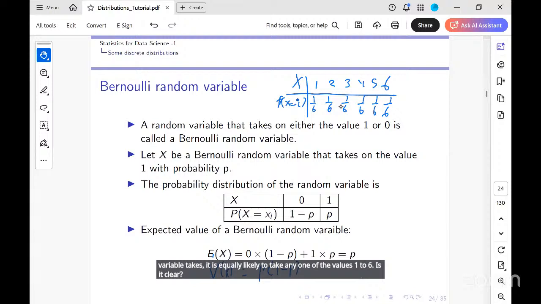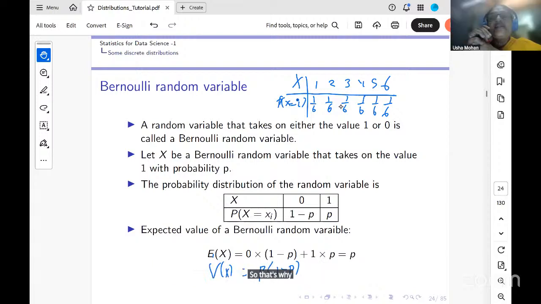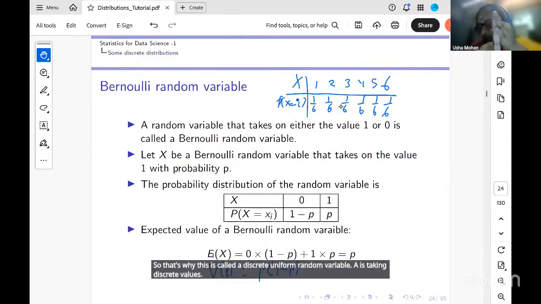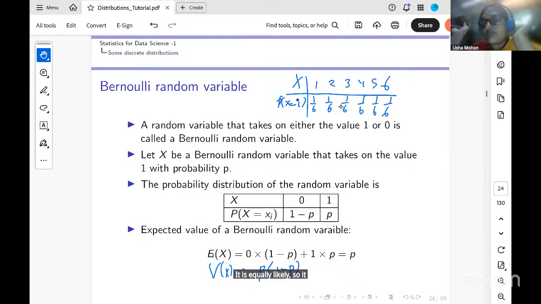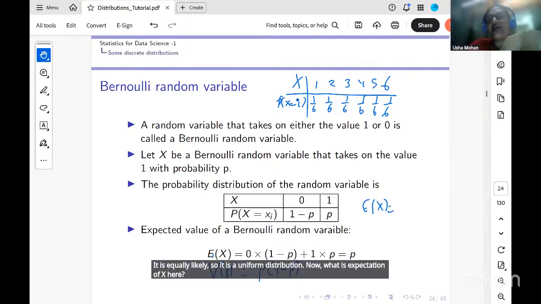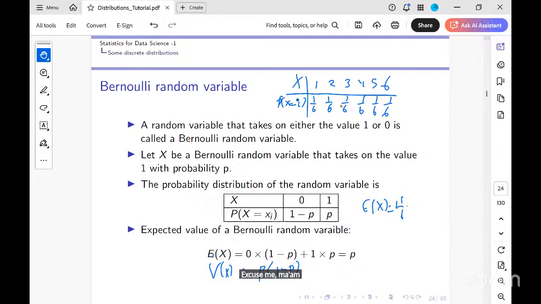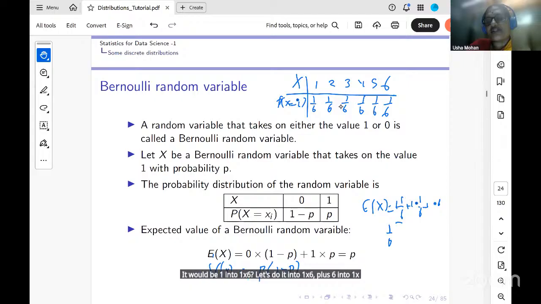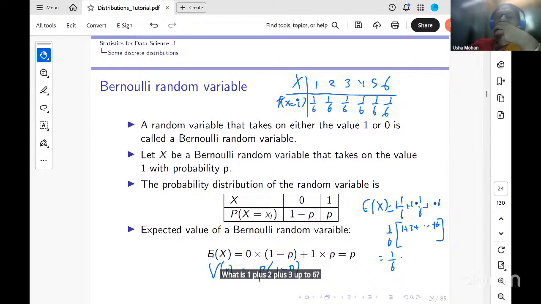So that's why this is called a discrete uniform random variable. It is taking discrete values and it is equally likely. So it is a uniform distribution. Now what is the expectation of x here? It would be 1 into 1 by 6 plus 2 into 1 by 6 plus up to 6 into 1 by 6. I can take 1 by 6 outside. What is 1 plus 2 plus 3 up to 6? 21.